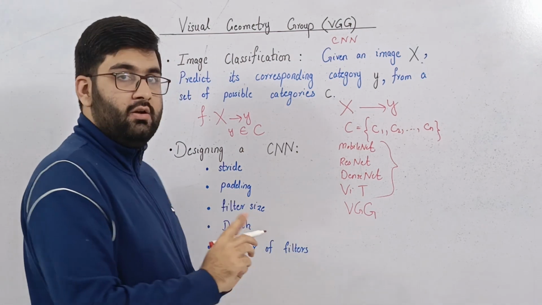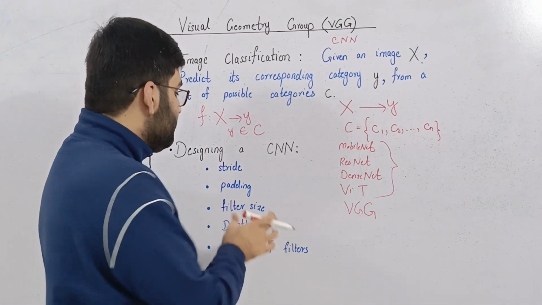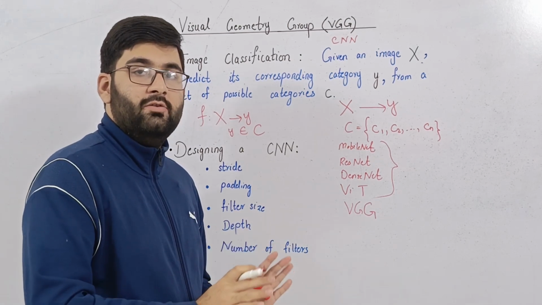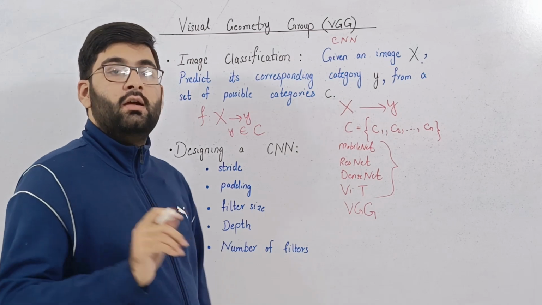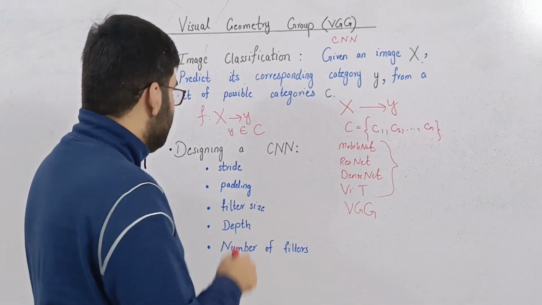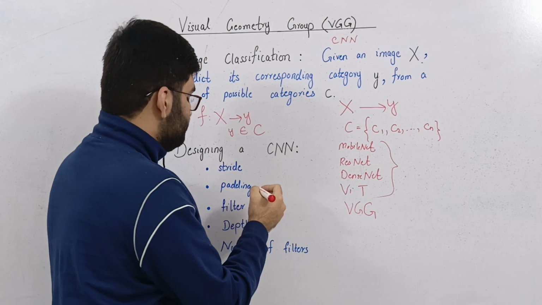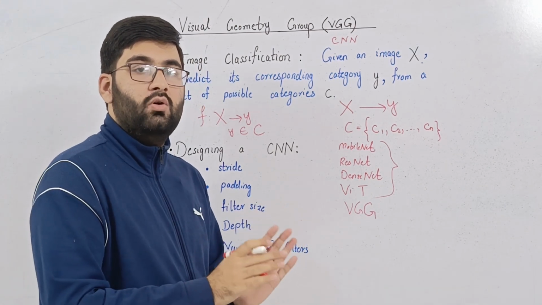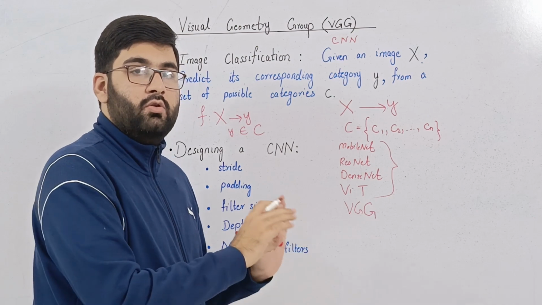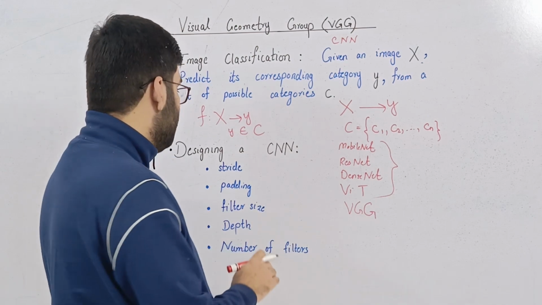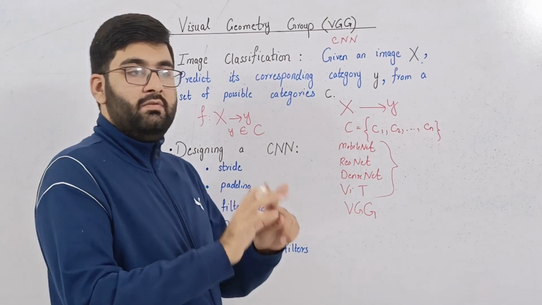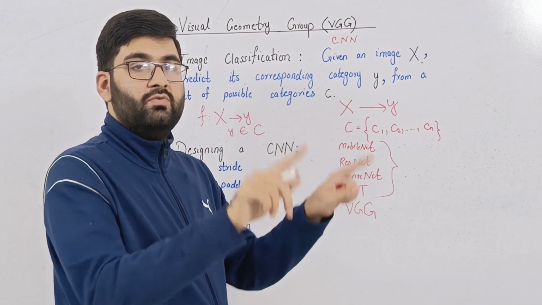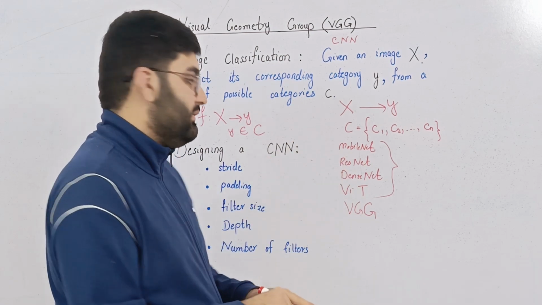When we are designing a convolutional neural network, these are some parameters that we need to adjust to get a suitable, functioning design. Stride means how many times we are moving the kernel or the filter when processing a feature map. Padding means whether we are adding extra values to the borders of the image to increase its dimensions.